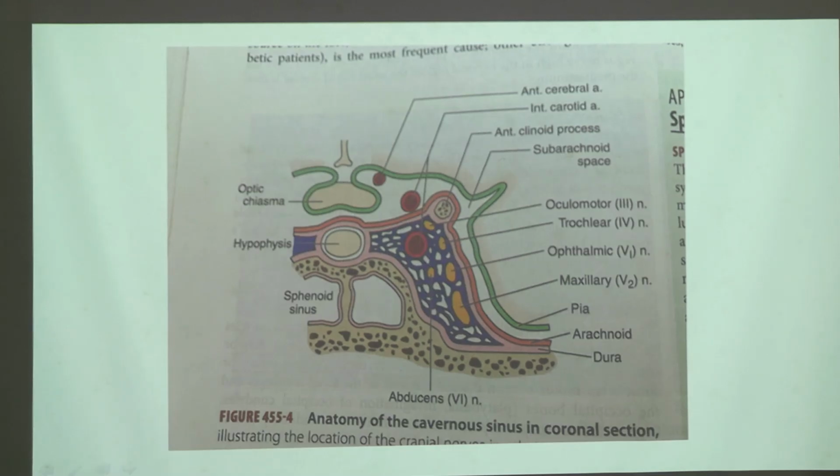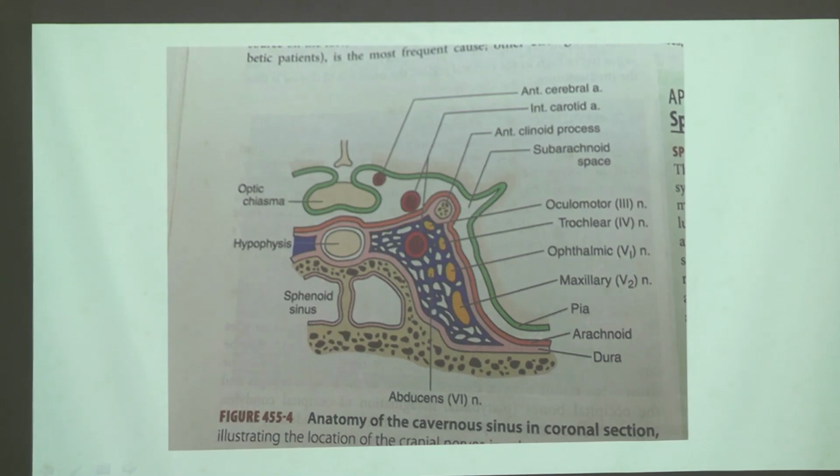All the cranial nerves we have discussed come to this cavernous sinus: the eye muscle nerves third, fourth, sixth, the ophthalmic and maxillary divisions of the fifth nerve, the first two divisions of the trigeminal nerve, and the carotid artery. All are contents of this cavernous sinus.